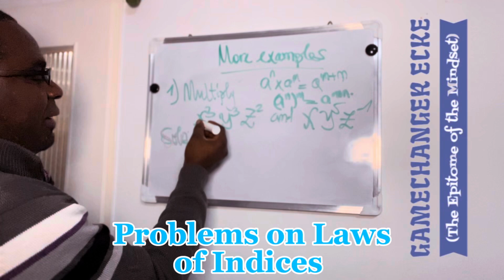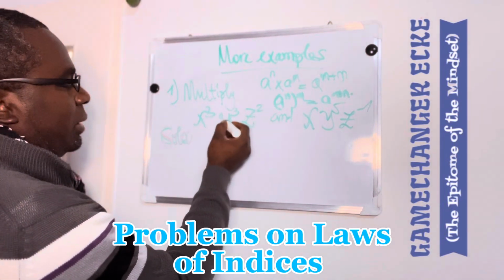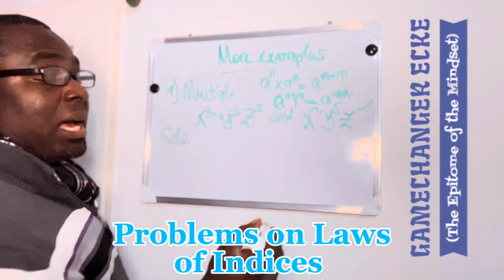So we have x cubed, y cubed, z squared, and this. We have been asked to multiply this.